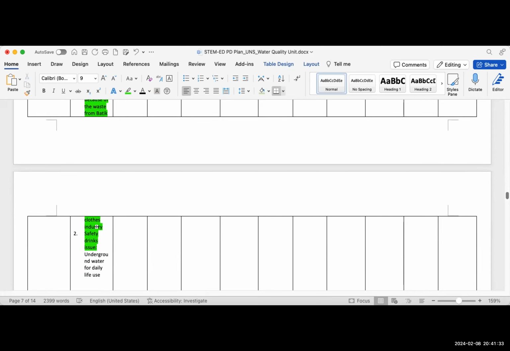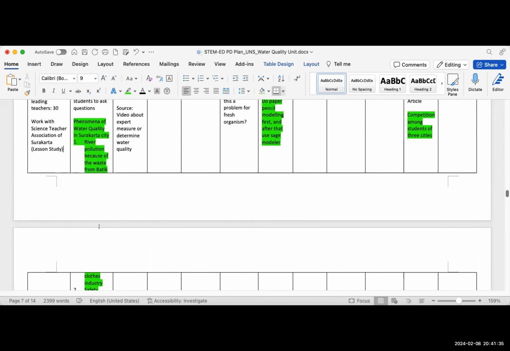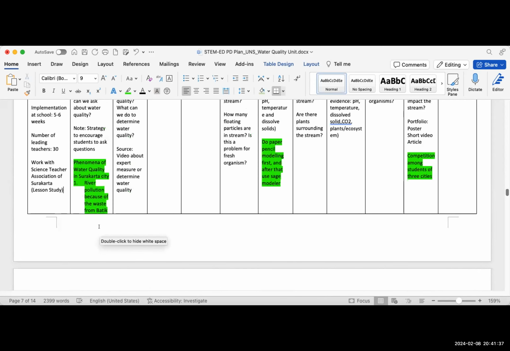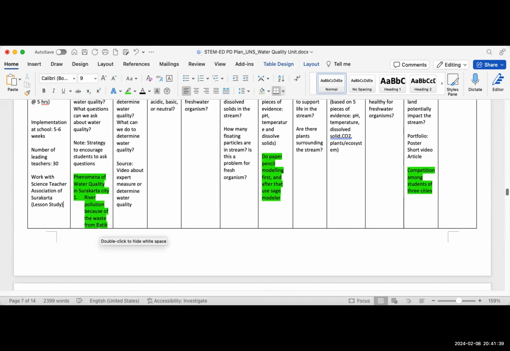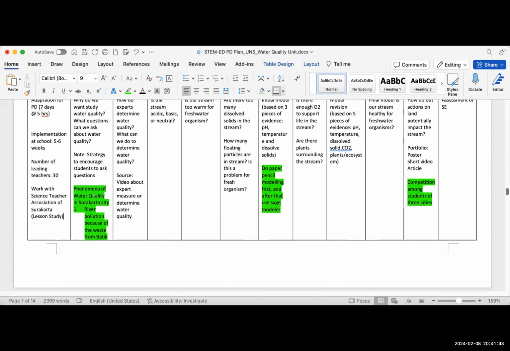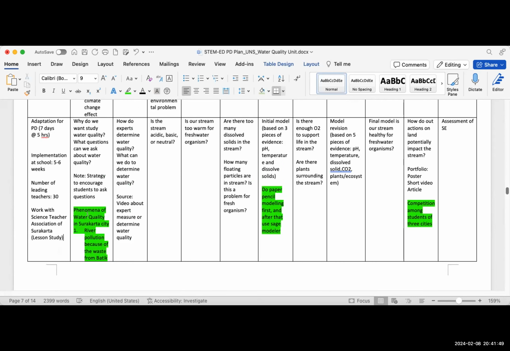For drinking, we have to buy mineral water every day because our underground water is not safe to drink. We will introduce students to these phenomena, and we train the teachers as students.